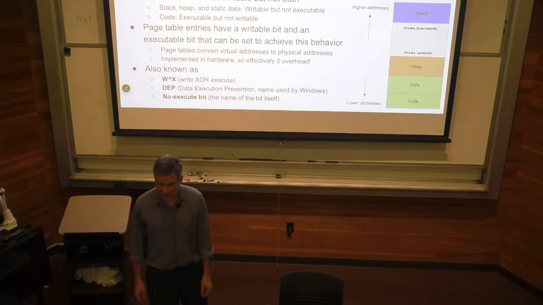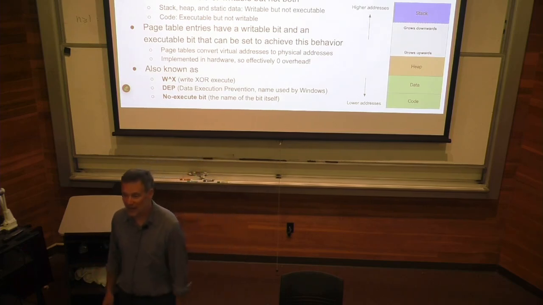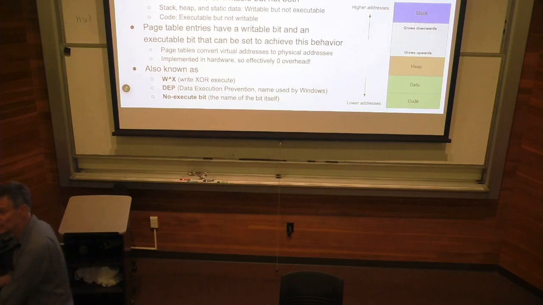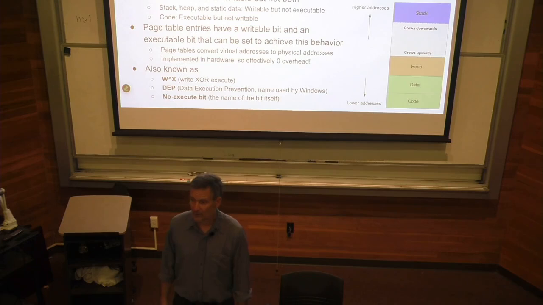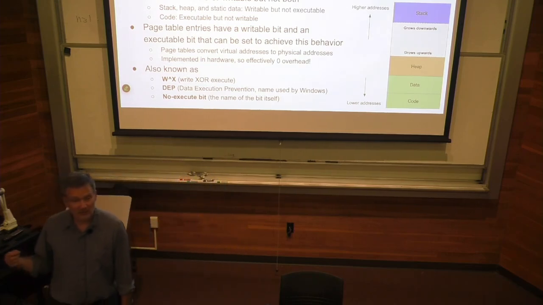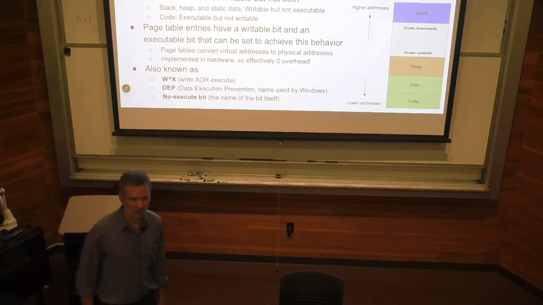So the idea behind this defense is we're going to say, let's prevent that. The benign programs should never need to execute code from the stack. They're only executing code in their separate code segment. So for every page of memory, the processor is going to keep track of a bit that says whether or not it's allowable, it's valid, to execute code that resides at that address on that page of memory.